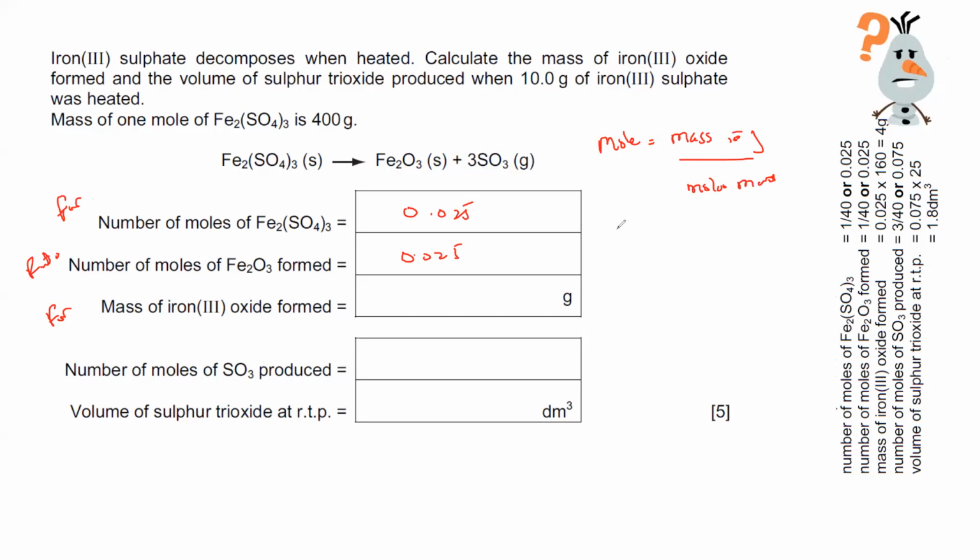So moles of iron 3 oxide is 0.025, mass in gram is unknown, and the molar mass, the mass of one molecule of iron 3 oxide, is 160. If this 160 is divided, on the other side it will be multiplied. So 0.025 multiplied by 160. So how much iron 3 oxide formed? That is 4 grams. Is it clear? The third part.